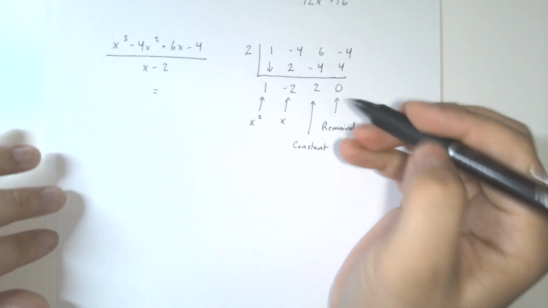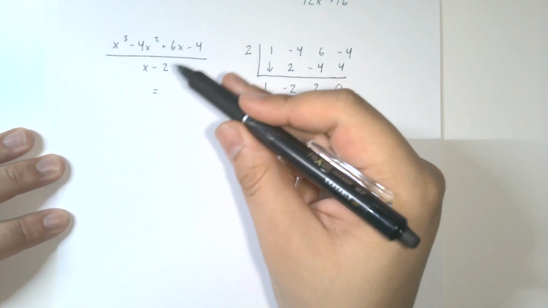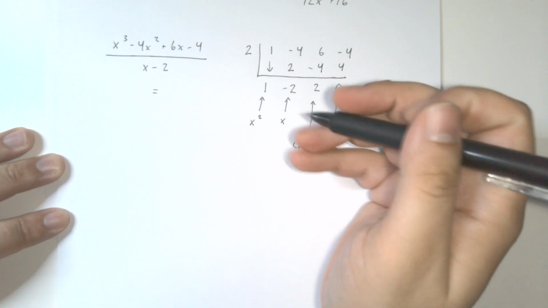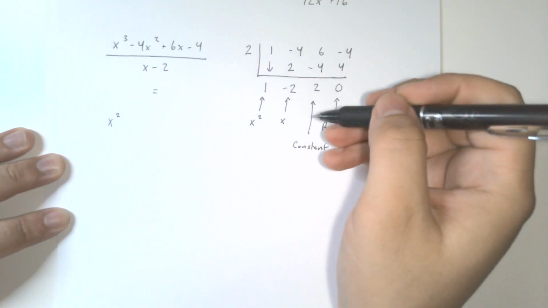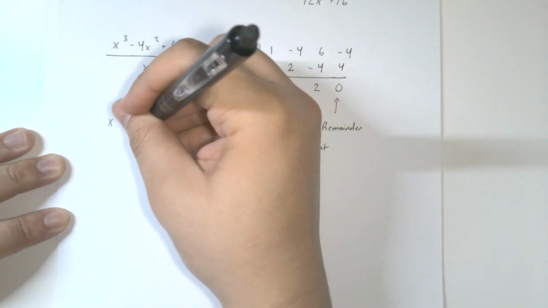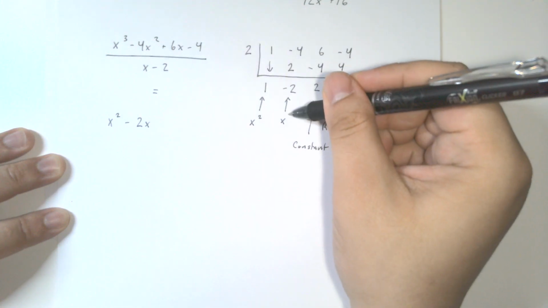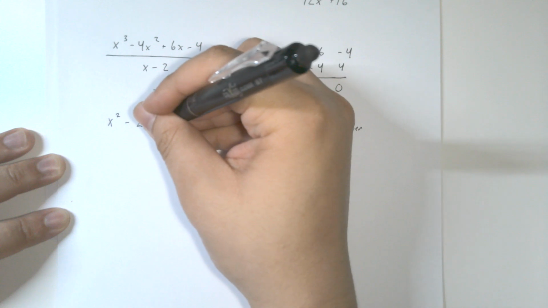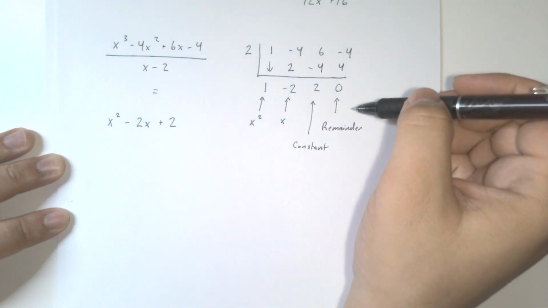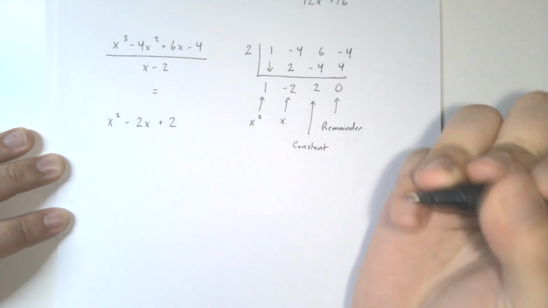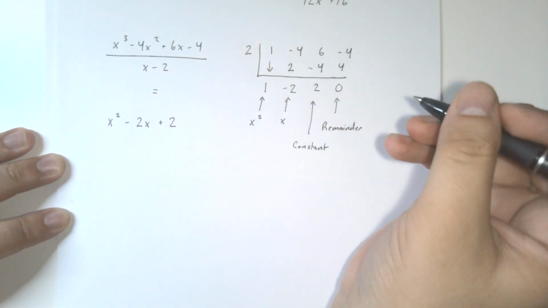So when we construct our answer from this information, all of this is equal to 1x squared minus 2x plus 2, and since we have a remainder of 0, we don't need to write that.